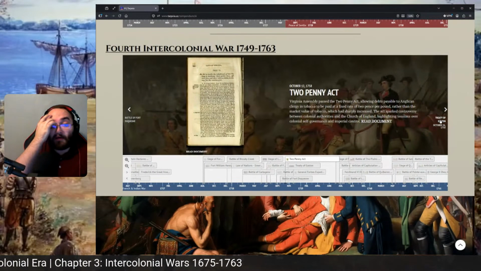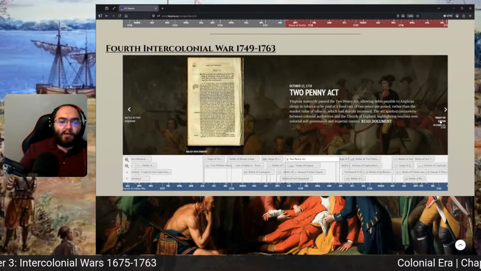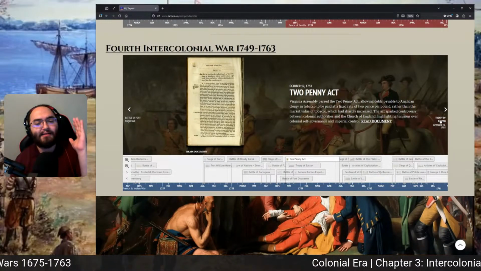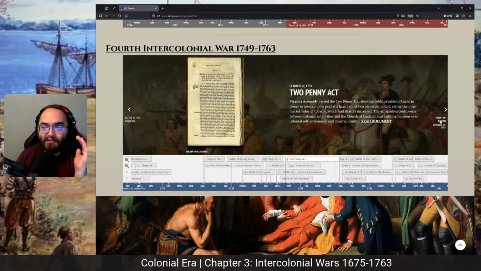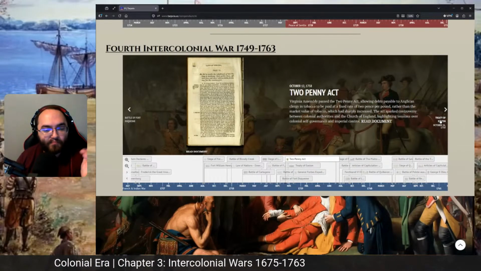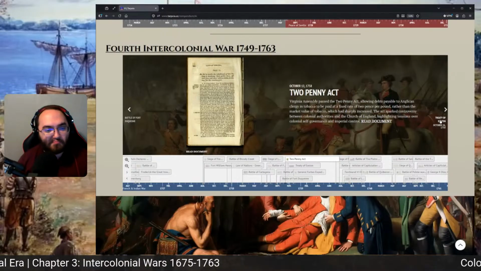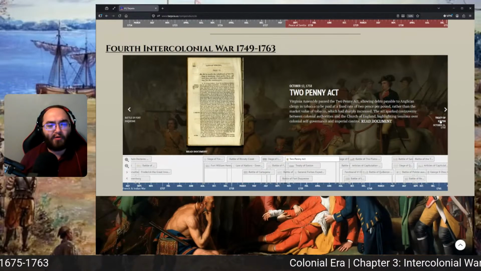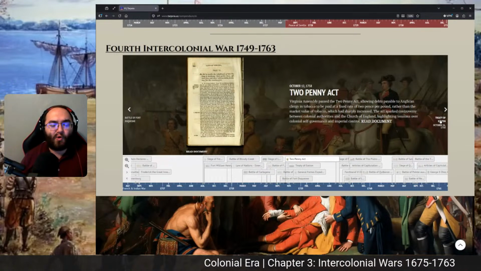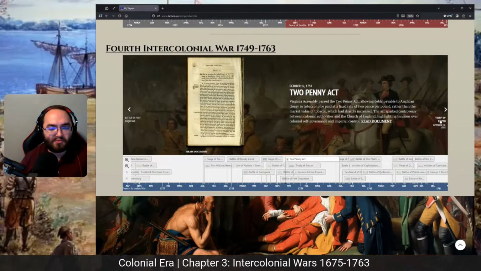And the British, they passed a Two-Penny Act, which is yet again another piece of evidence for or against the idea of salutary neglect. Again, there are so many laws and regulations and enforcement by the King and Parliament over colonial issues.